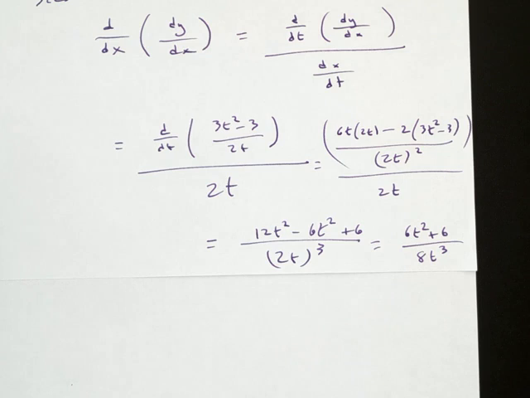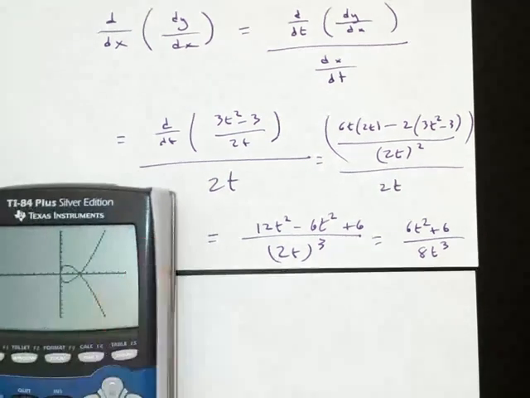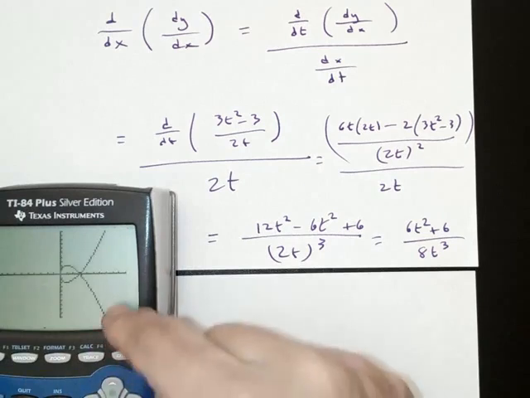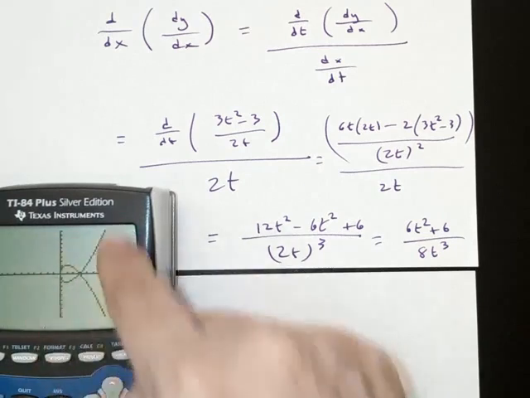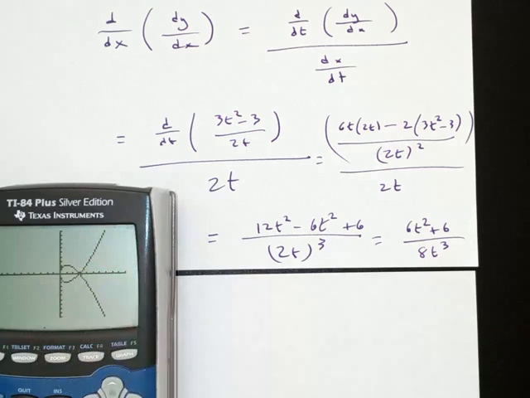Right, but 3t squared plus 3 is never 0. It's something squared plus something. That top is actually never 0. Where's the bottom 0? Only at 0. Which means we change concavity exactly once, at t equals 0. This whole part is concave down. This whole part is concave up.